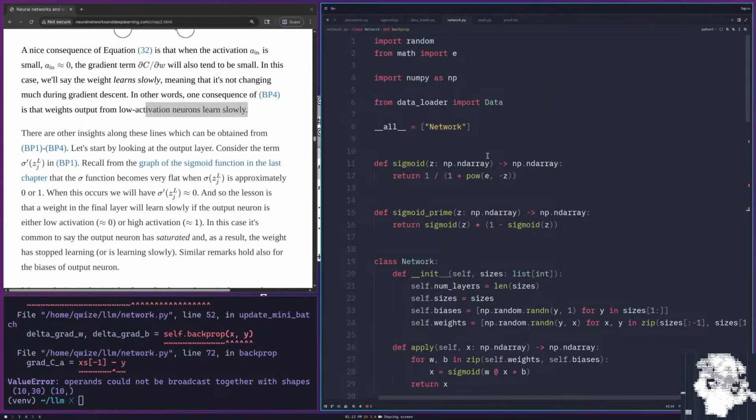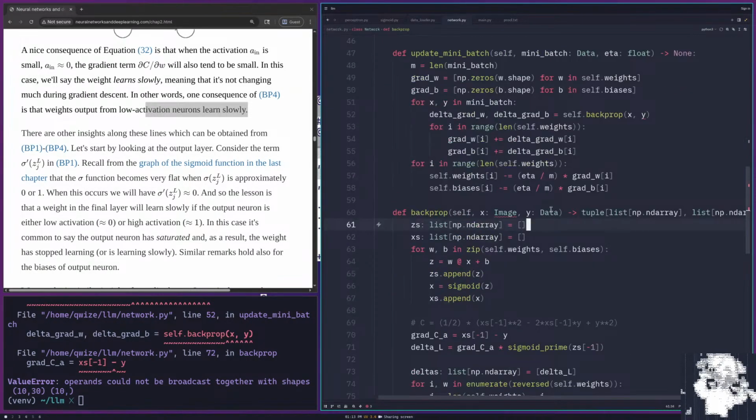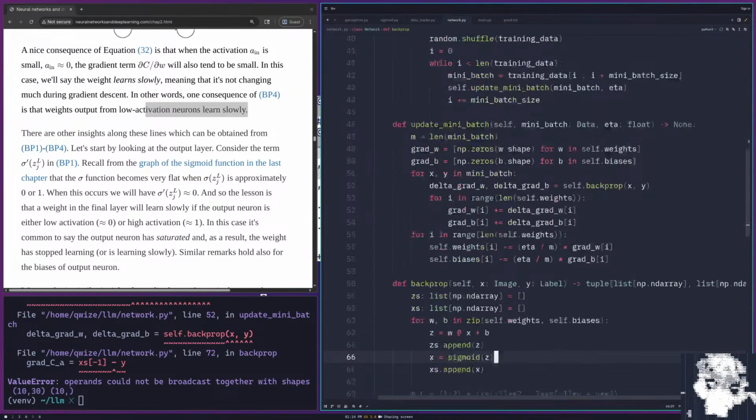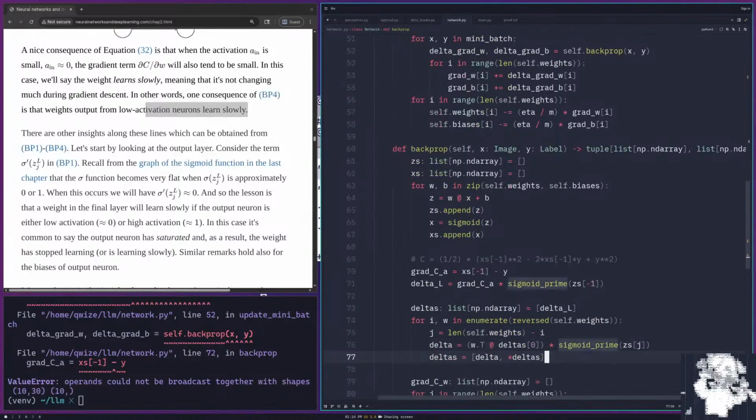Oh. Wait. This isn't a data. This is a label. So I can do for data label image. And then the problem is grad CA equals this minus Y.